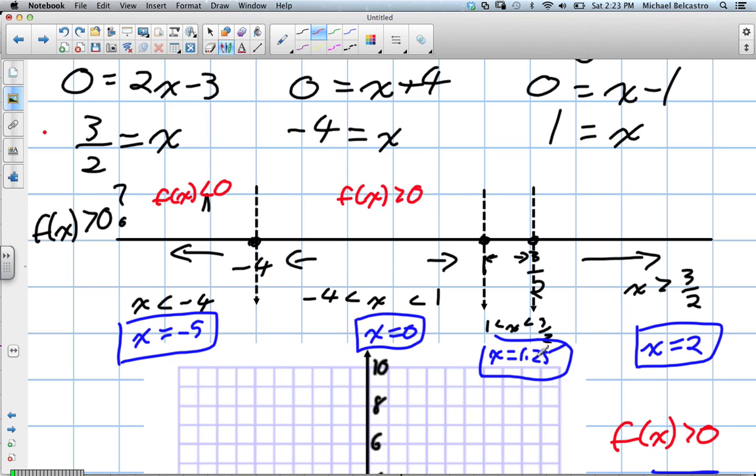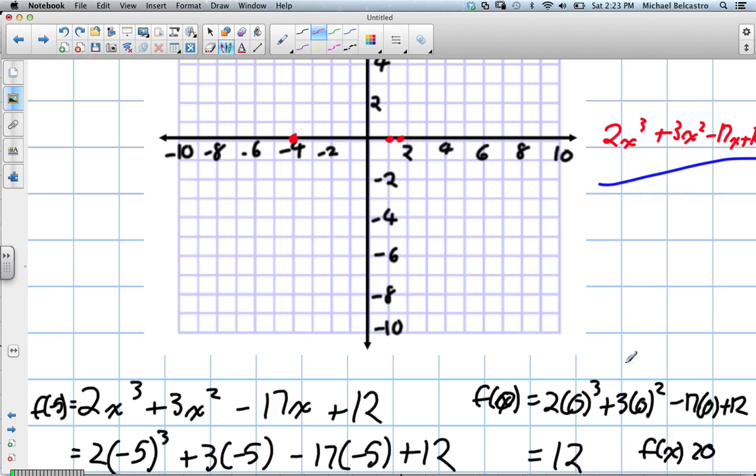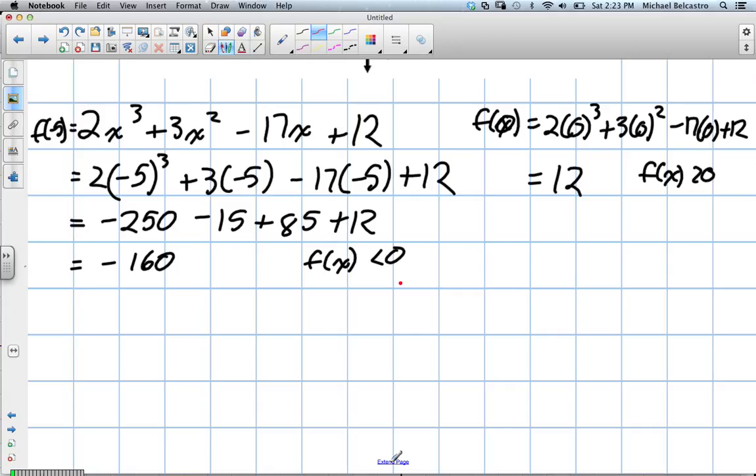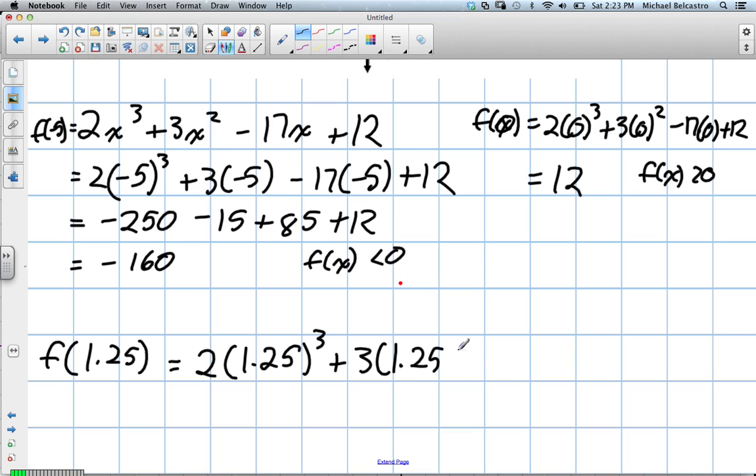Now, this will be the tough one to figure out. We're going to have to take a look because sometimes things turn at critical points. Another point we found was 1.25, right? So we're going to need your calculator definitely for this one. We're going to plug that into our equation. 2 times 1.25 cubed plus 3 times 1.25 squared minus 17 times 1.25 plus 12.